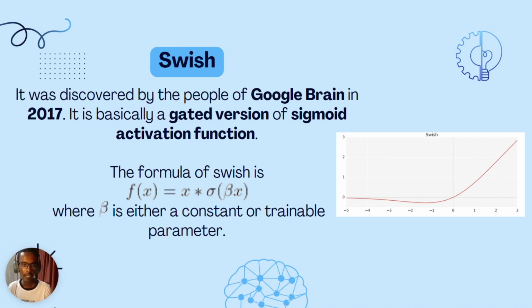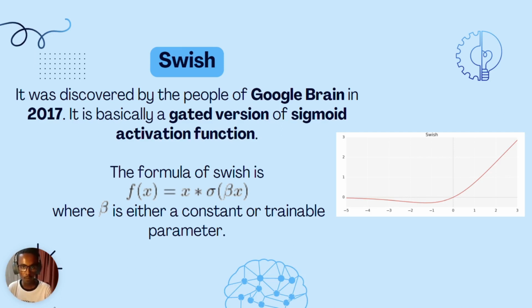We can also make it a trainable parameter, which is going to be a non-fixed value, and it's going to be optimized as we train our model. Then we multiply the output from the sigmoid activation function by the input again, and we have the Swish activation output, which is given as f of x.